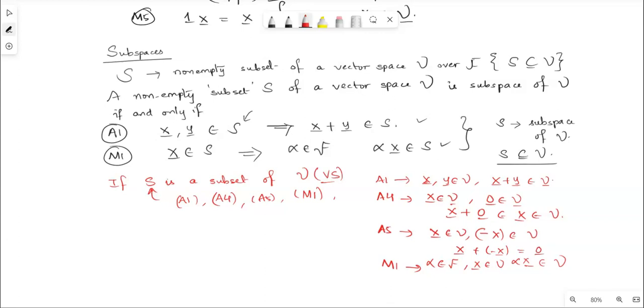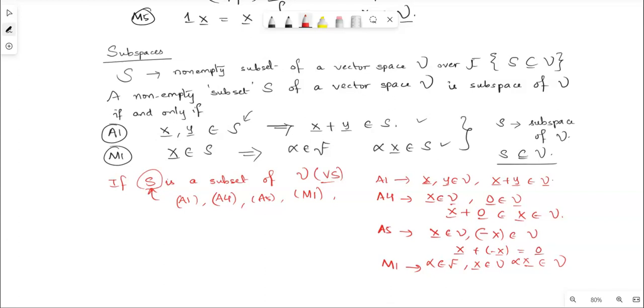This was the closure property for scalar multiplication. So why we wrote all this is to focus on the notion that S, the subset of the vector space, will inherit all the vector space properties except these four, A1, A4, A5 and M1.